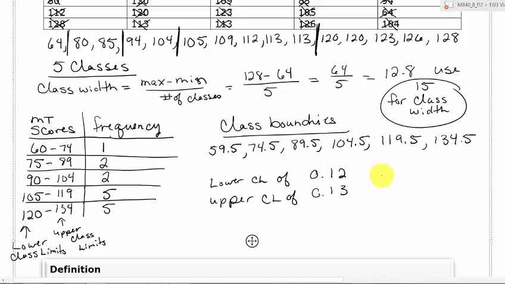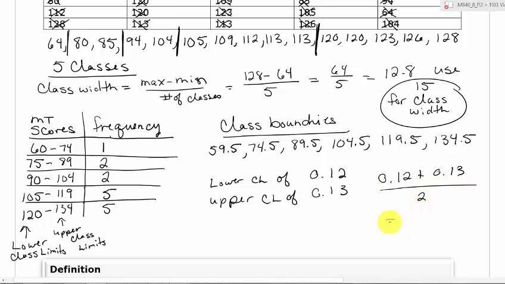You would add them together, 0.12 plus 0.13, and divide that by 2. So let's do that. 0.12 plus 0.13, we get 0.25, divide that by 2, and we get 0.125. Okay, so that's how you would find the class boundary between those two.